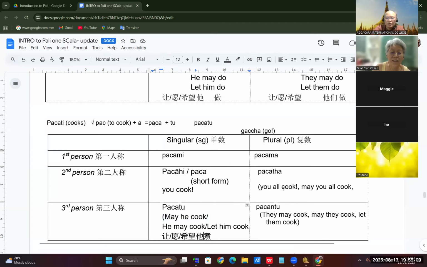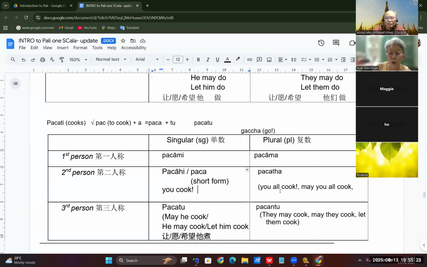Can you recite this one? Pachatu, may he cook, he may cook, let him cook. Pachantu, they may cook, may they cook, let them cook. Pachahi, Pacha, you cook, cook.